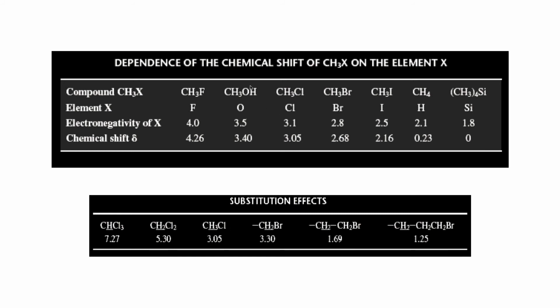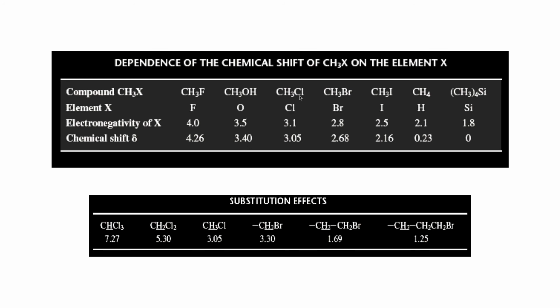Similarly, we can see the electronegative effect of oxygen over the methyl protons, where the electronegativity of oxygen is a bit lesser compared to fluorine. That's why they appear at 3.40 delta.